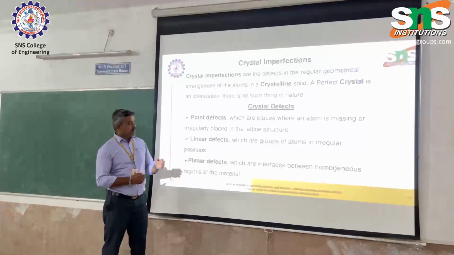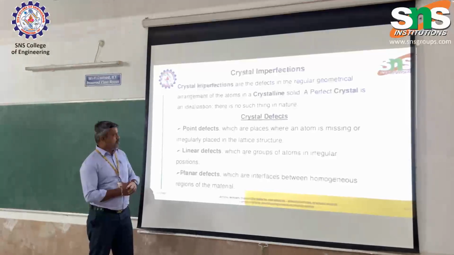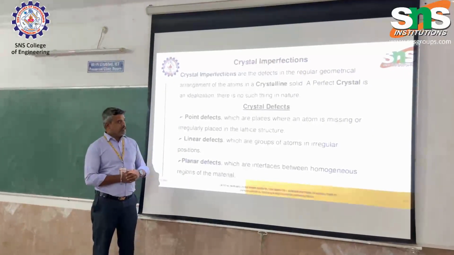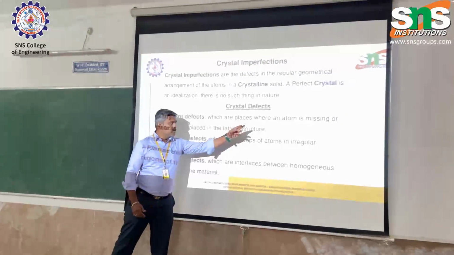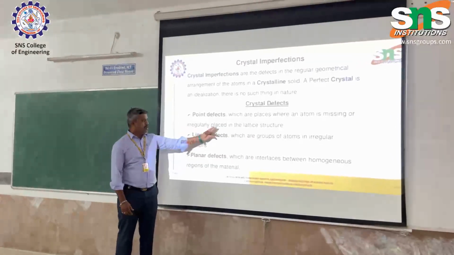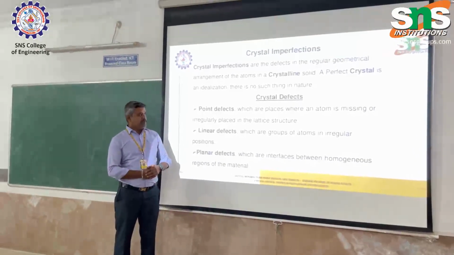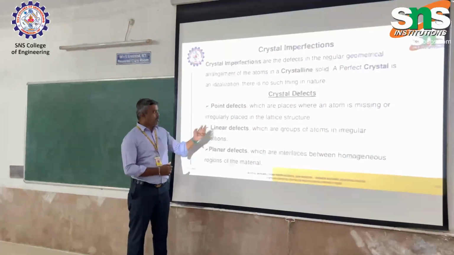The crystal imperfection is identified by different defects. The first is point defects, where an atom is missing or the lattice structure is irregular. When an atom is missing in a lattice, it is called a point defect.